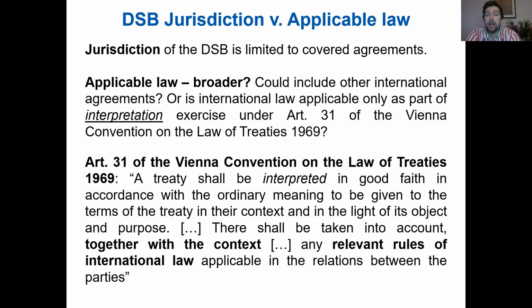And together with context, any relevant rules of international law applicable in relations between the parties to the agreement that is now being interpreted shall be taken into account.